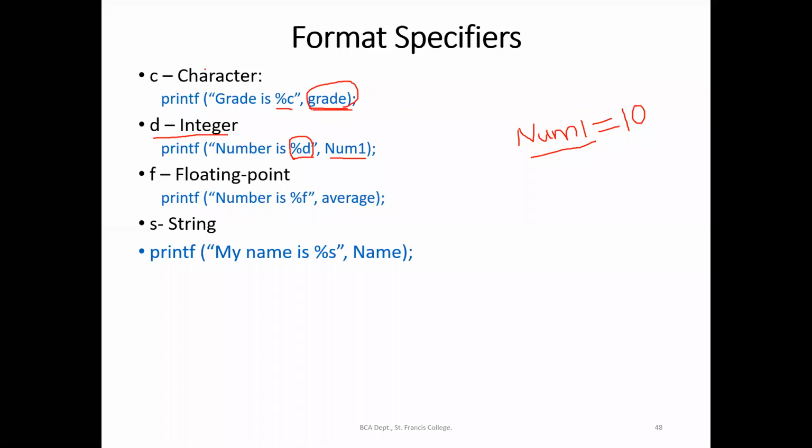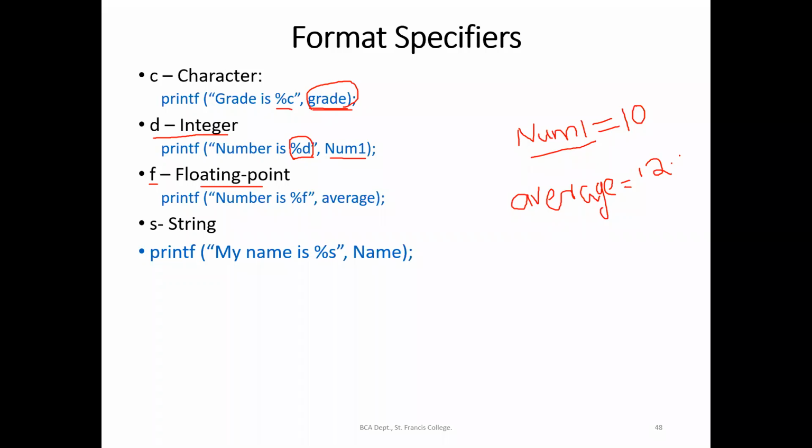So when we do the program at the end of this chapter, only 2 more slides are there. We will execute and see in Turbo C how you are getting the value and how you are printing the value. So if I am using the format specifier %f, I'll be able to print the floating point value. Suppose average is a variable which I had declared as a floating variable, and I have assigned the value 12.4.